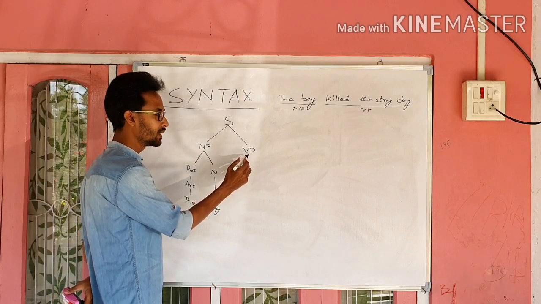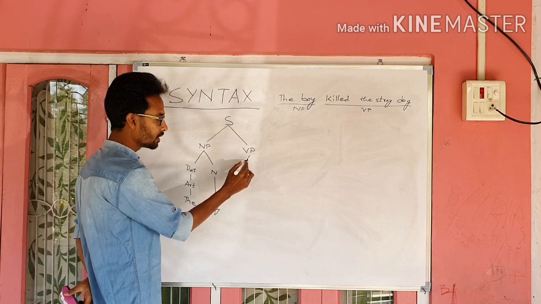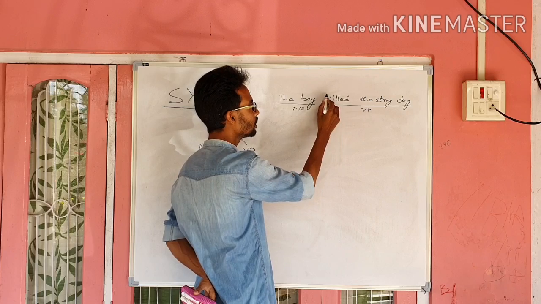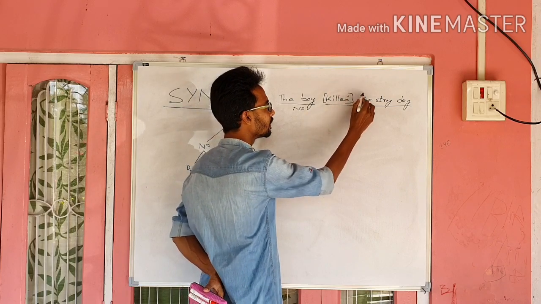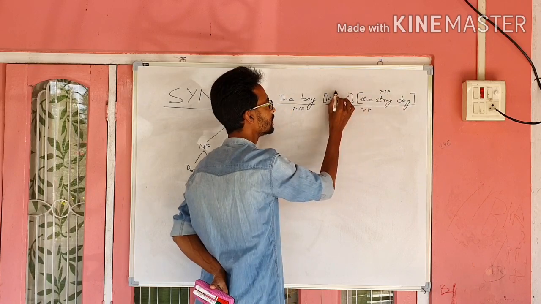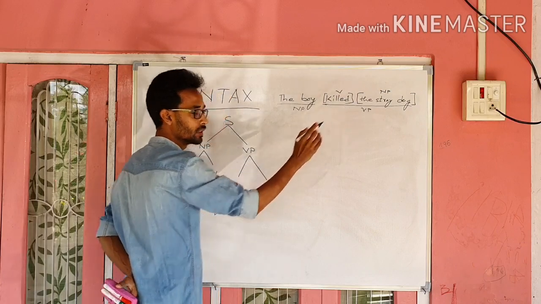Then the VP. The VP in this sentence can be divided into a V and a NP. This is also a noun phrase, right? This is the V. The whole thing is a VP.